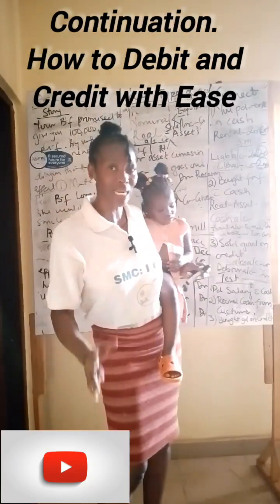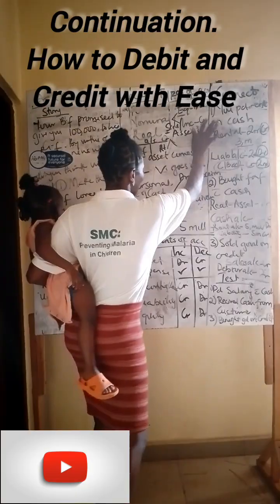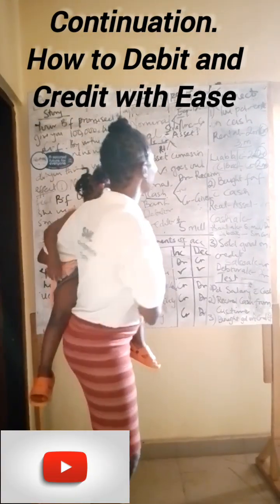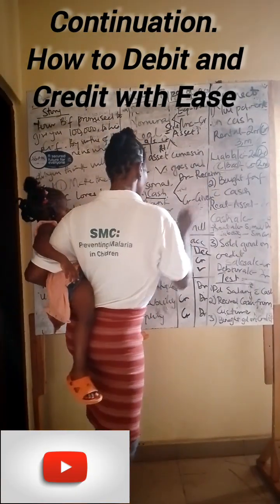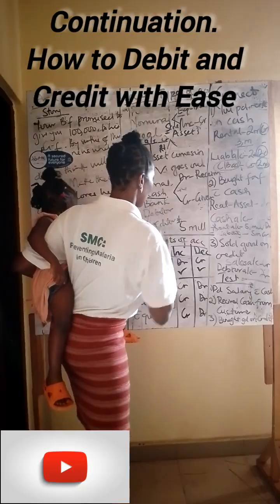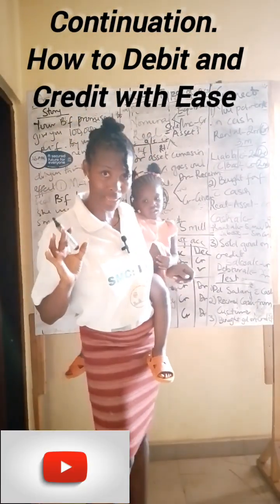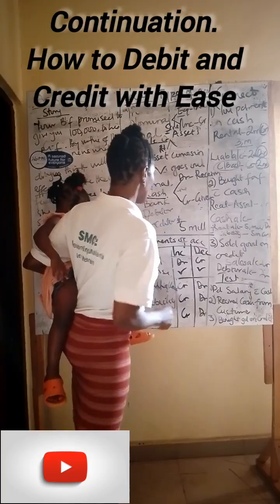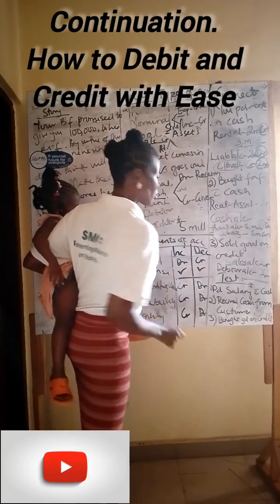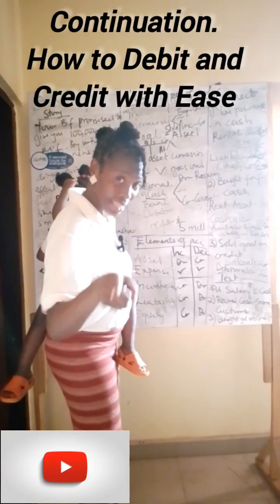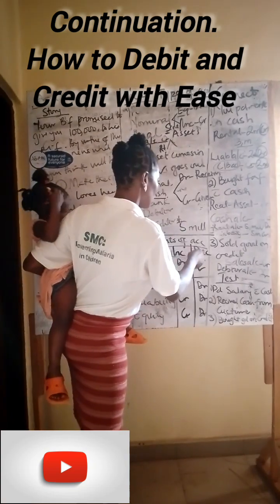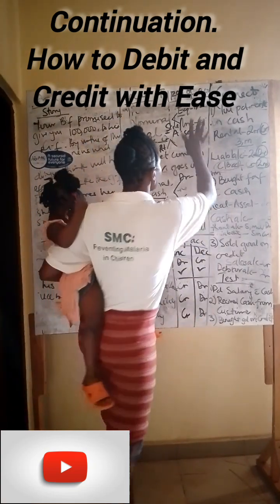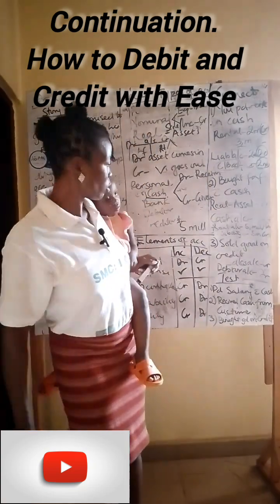So in my sales account, I'm going to credit my sales account, CR. You see that there? Then you're going to debit your debtor account. Very easy. The customer who is now owing you is a debtor. You debit his account, and then you credit your sales account.